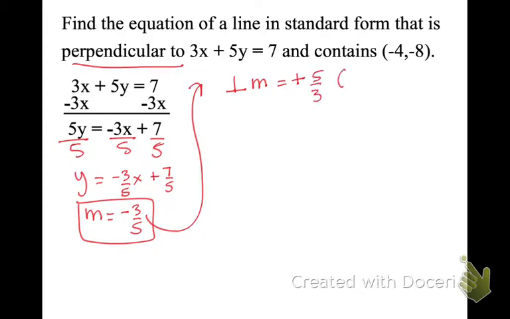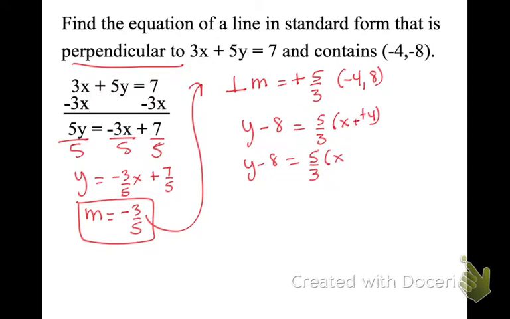And now I use this point, -4, 8. Let's go point slope. We've been doing the other one. Y minus 8 equals m, which is 5/3, times x minus -4. Y minus 8 equals 5/3 times x plus 4.